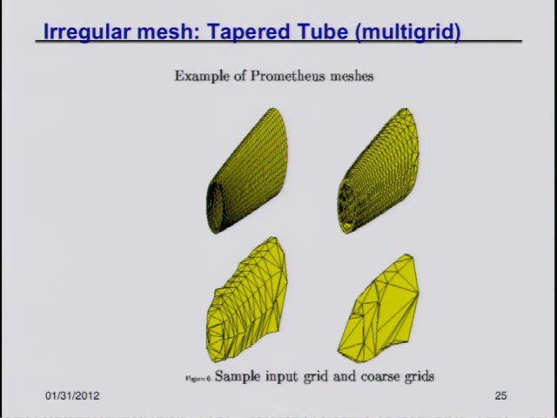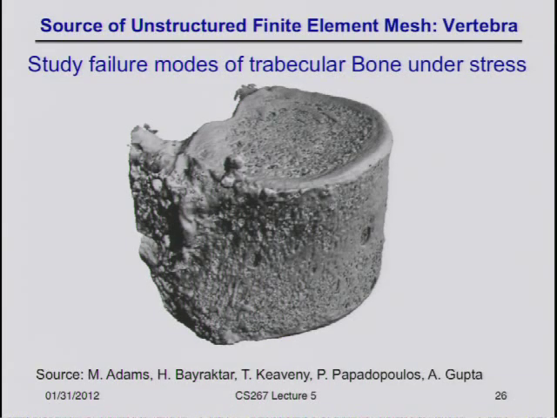So let me do a biomedical example. This is work that actually won the Gordon Bell Prize for the best parallel simulation of a large, real problem on a supercomputer a number of years ago. Work by Tony Keaveny and Panos Papadopoulos in mechanical engineering, and a colleague, former student, Mark Adams. So the goal is to predict the failure modes of people's bones.